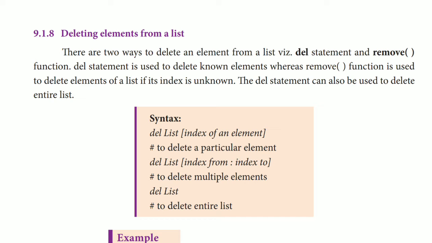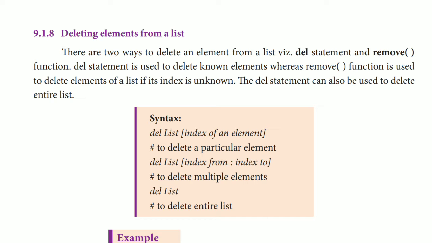The del statement is used to delete known elements, whereas the remove function is used to delete elements in the list if the index value is unknown. The del statement can also be used to delete the entire list.